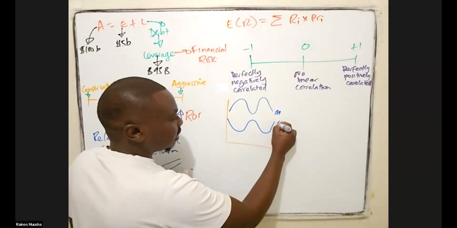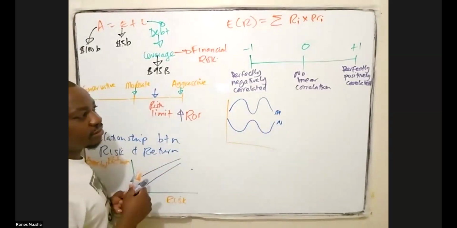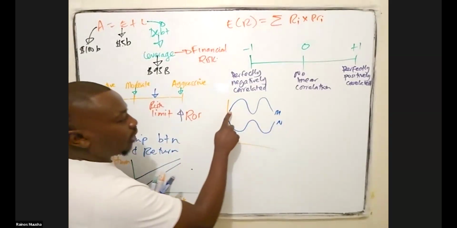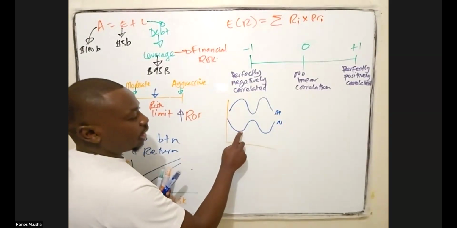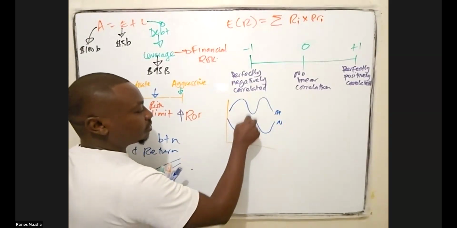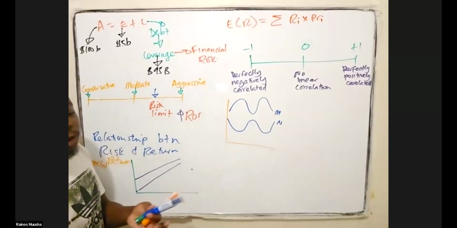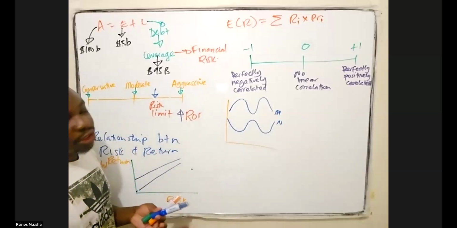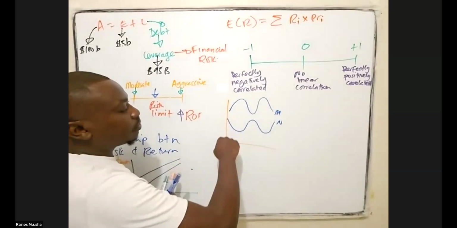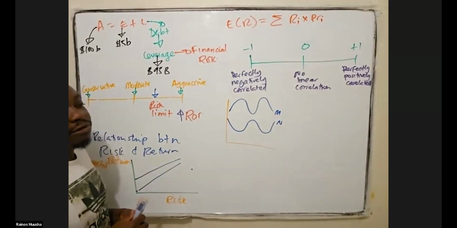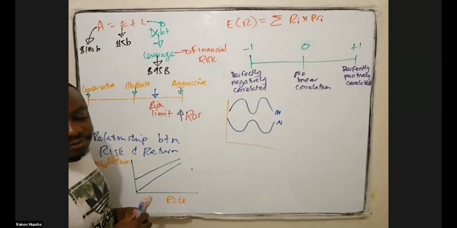So when one is going up, the other one is going down, and when one is going down, the other one is going up. So they are moving in opposite directions. That's when we say these two variables are perfectly negatively correlated.